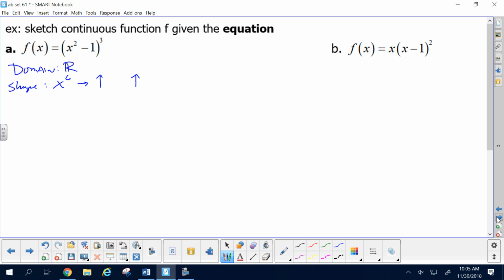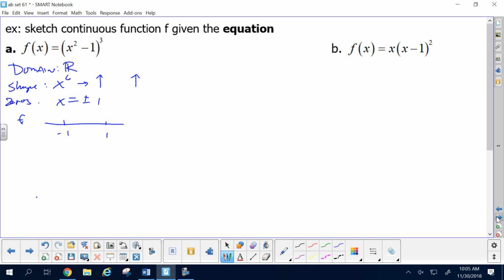All right, cool. What about zeros? Plus or minus 1. Okay, cool. What about in terms of F signs then? Less than -1, what's the sign?